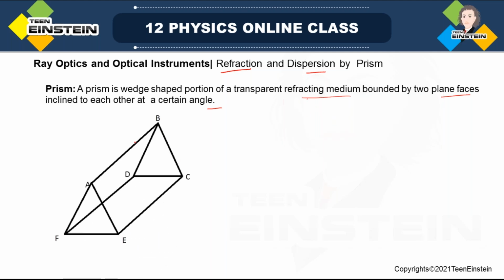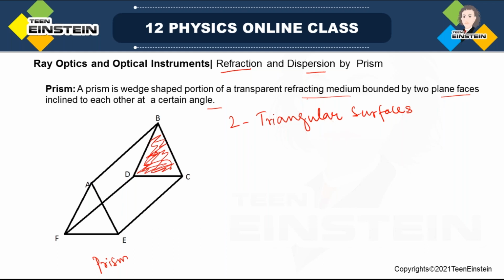So look, this is the typical shape or diagram of a prism. It has three rectangular surfaces and two triangular surfaces. Actually, the triangular surfaces are not so transparent.